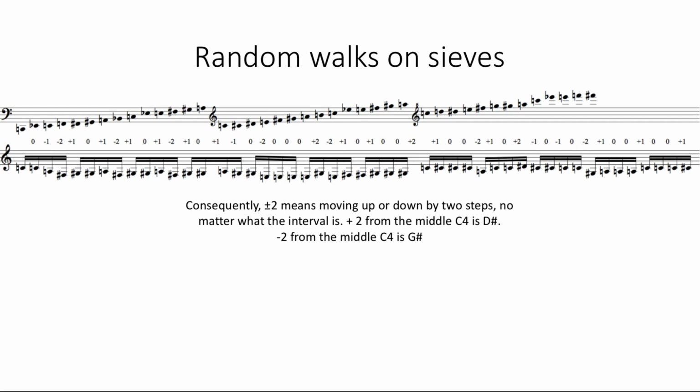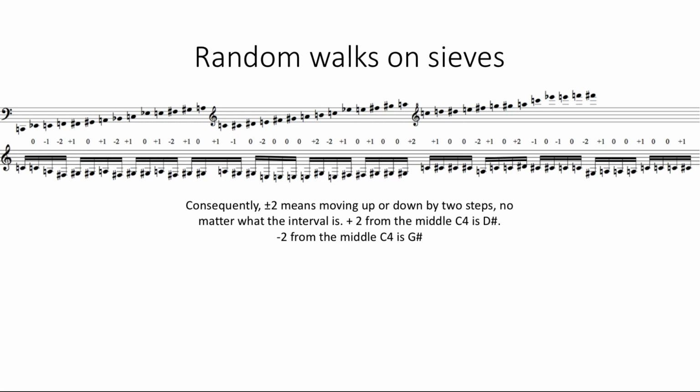Consequently, ±2 means moving up or down by 2 steps, no matter what the interval is. +2 from the middle C4 is D sharp, -2 from the middle C4, G sharp, and so on.